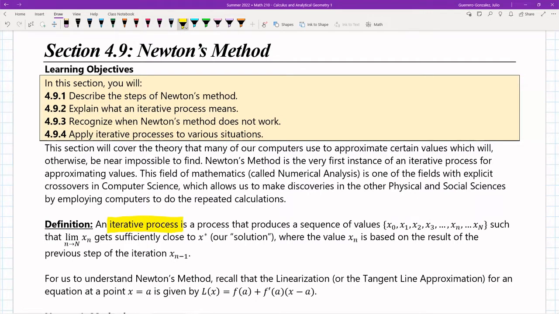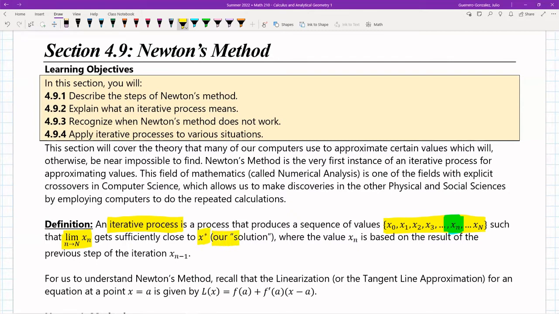So an iterative process is a process that produces a sequence of values. I'm going to call these x0, x1, up to x of capital N, okay? So we have a successive number of values, right, such that as we go from little n to big N, all the xn's get closer to an x star.